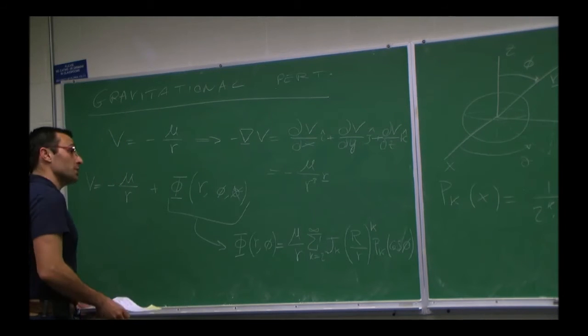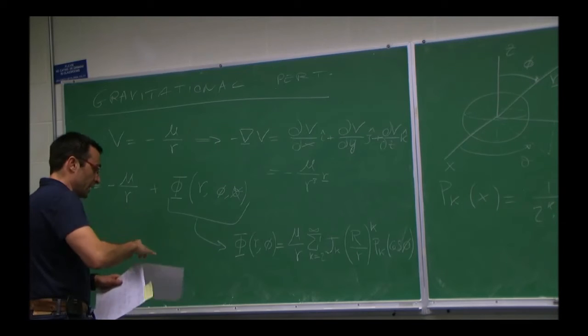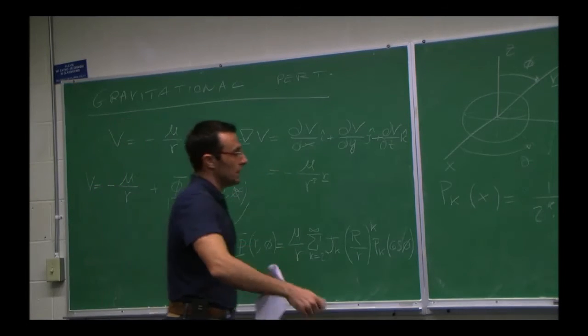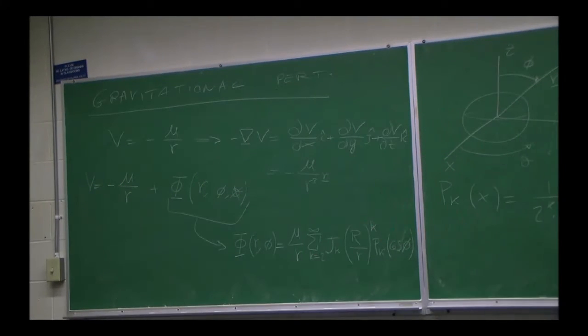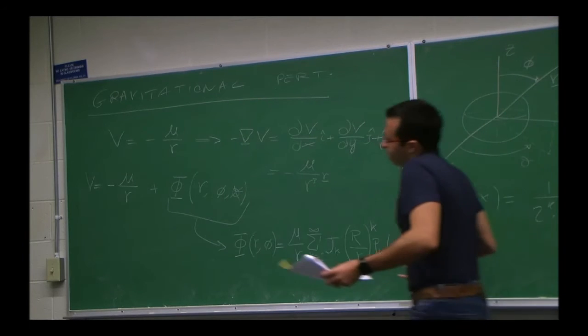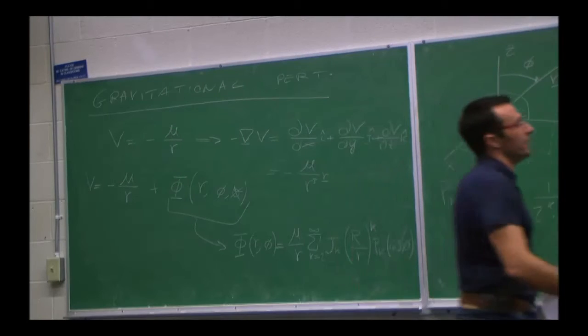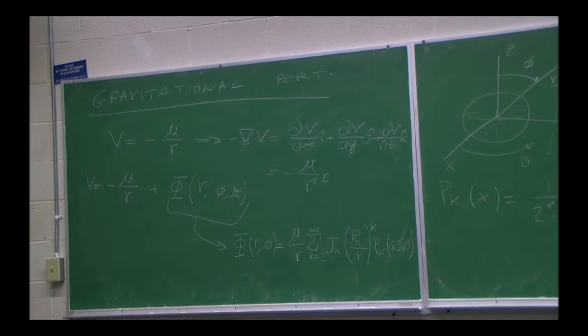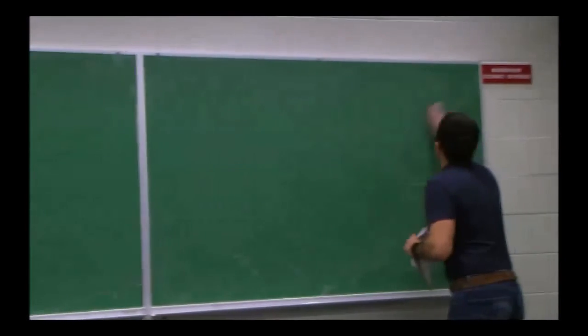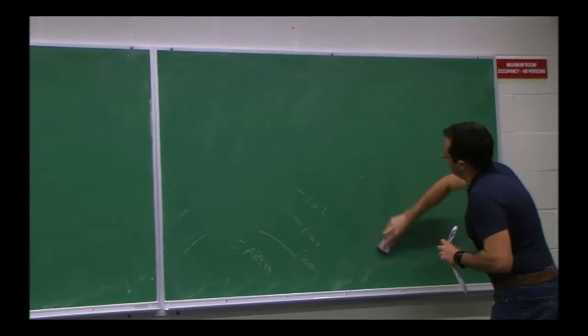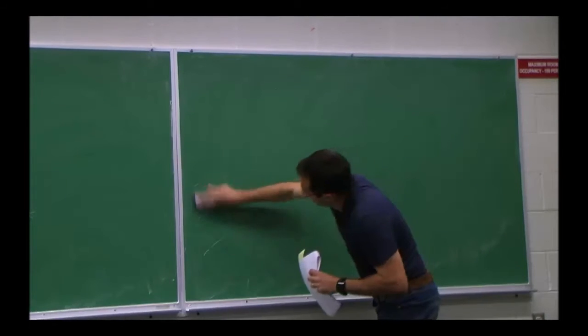But the reality is that we stop at J2. Everything after J2 is orders of magnitude smaller, so do they matter? They matter if you do numerical integrations for a very, very long time, and probably drag or something else has taken over anyway, so they're not that critical.